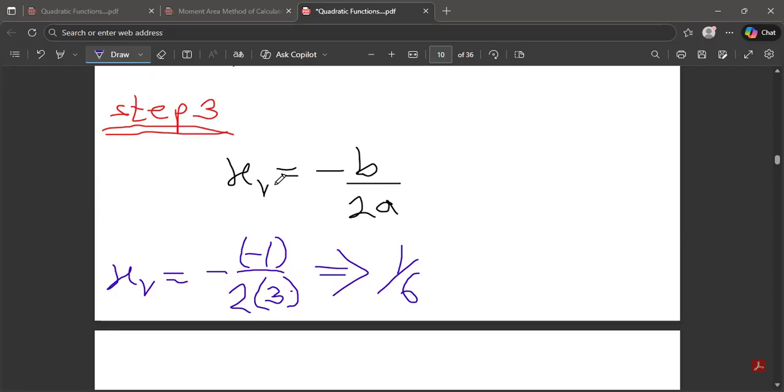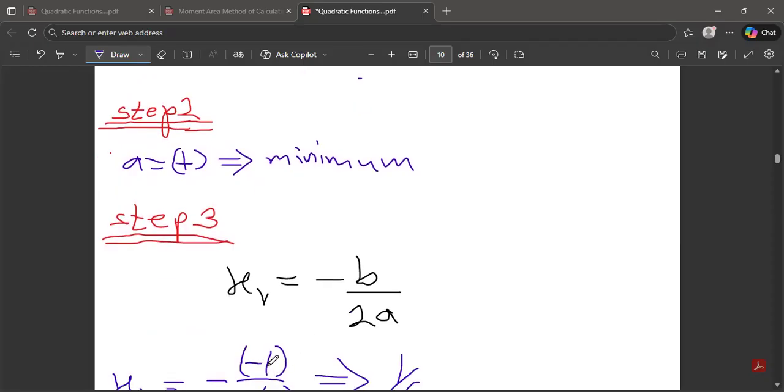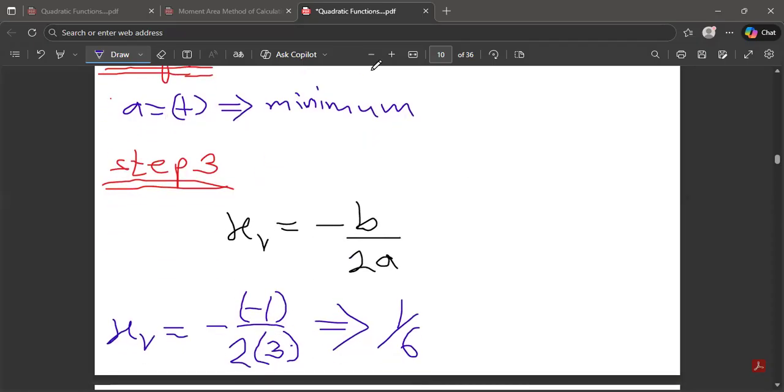Are you listening? From the formula itself, we have negative b over 2a. This is the negative, and the value of the b is -1. So I put -1 over here. Punch everything in the calculator as it is.